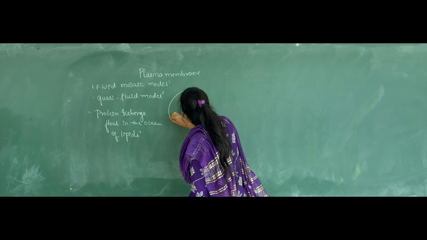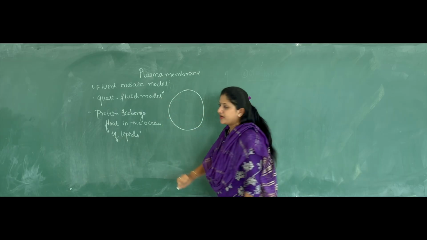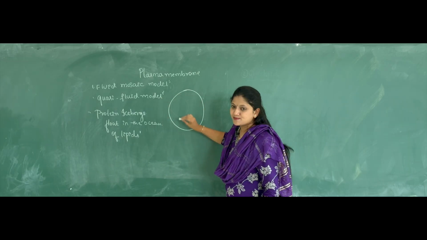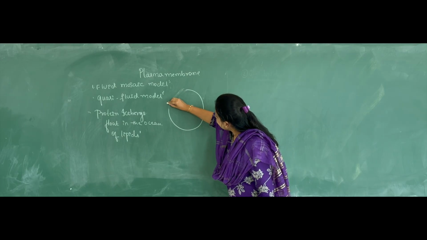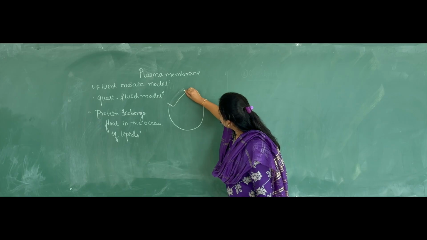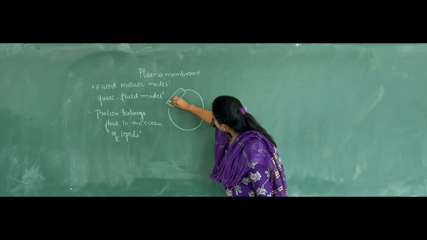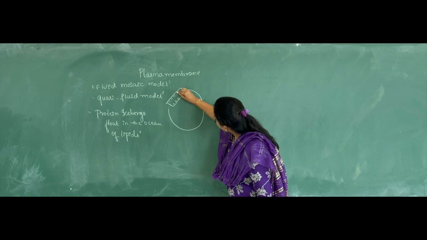If this is a cell, okay, if this is a cell, this is the plasma membrane. So how does this plasma membrane look here? Let us imagine it is slightly thick, the plasma membrane. Here are the heads and in between they are tails.